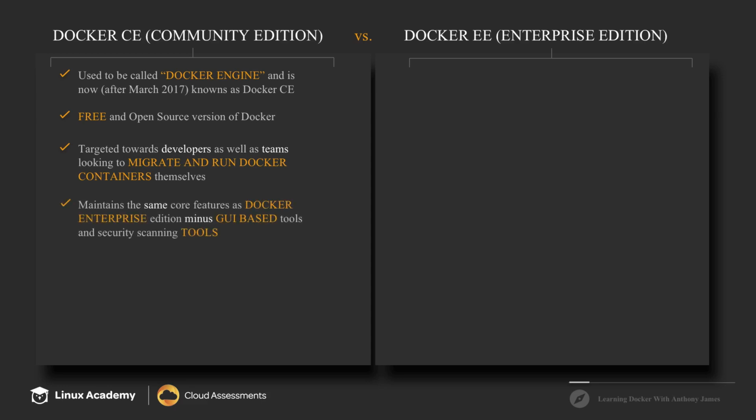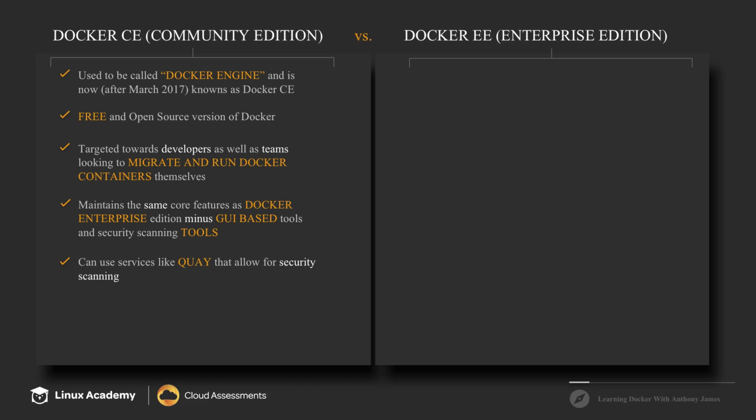Again, Docker Community Edition does maintain the same core features as Docker Enterprise, except for those value adds. Those value adds include a GUI-based environment and security scanning tools, which we'll learn about shortly. In place of those additional tools, Docker Community Edition can work with other third-party services, such as a tool called Quay.